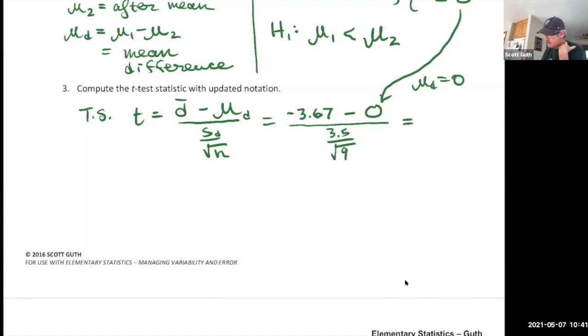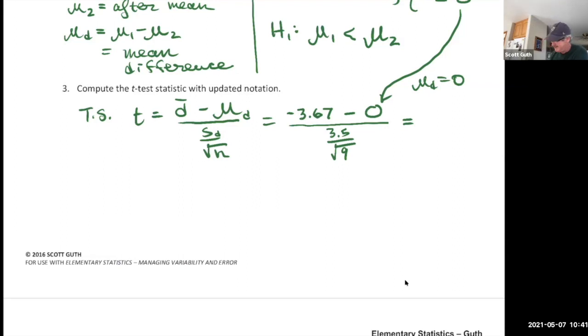Okay, so let's see if you guys can agree on that one. And a couple places after the decimal will be fine. Negative 1.98. I think I must have done something wrong.